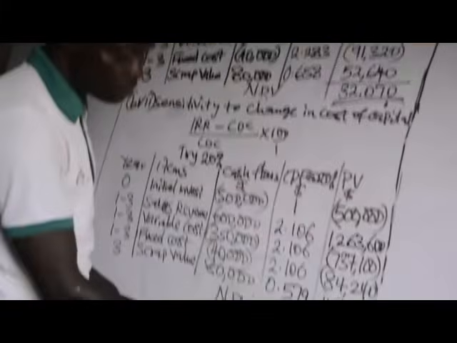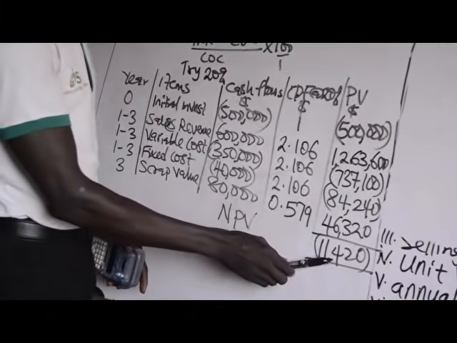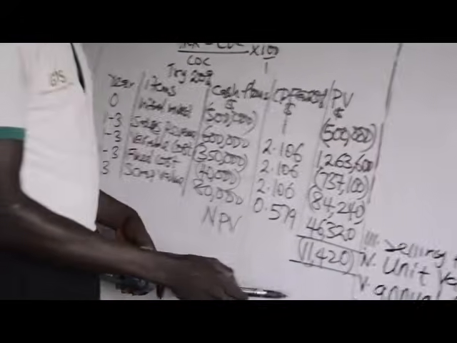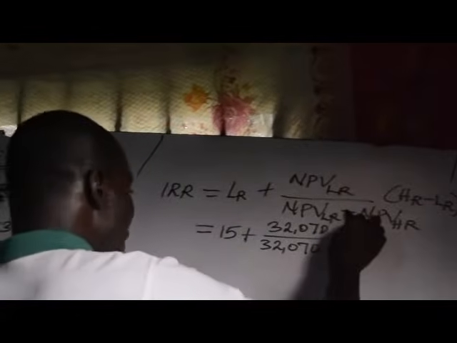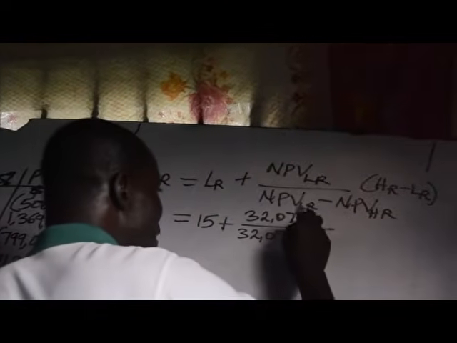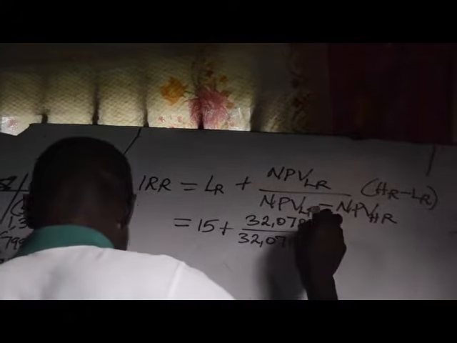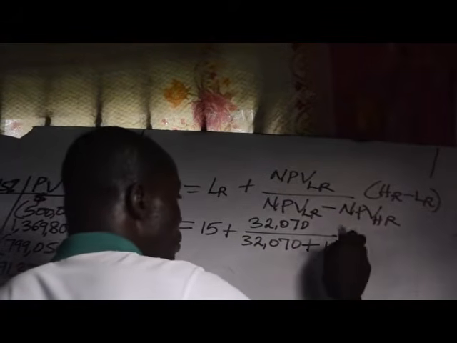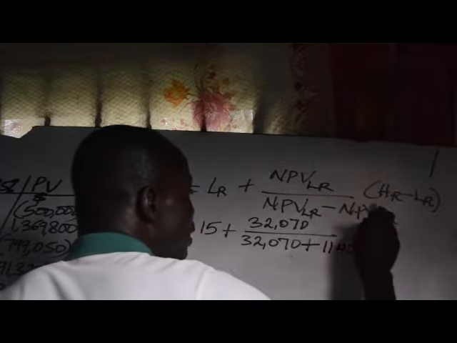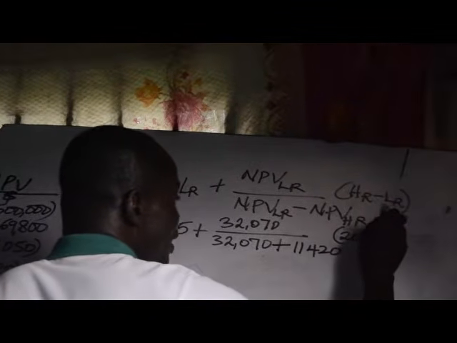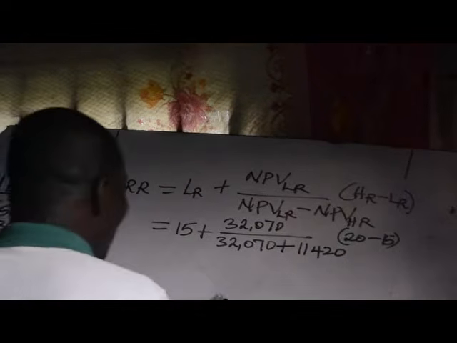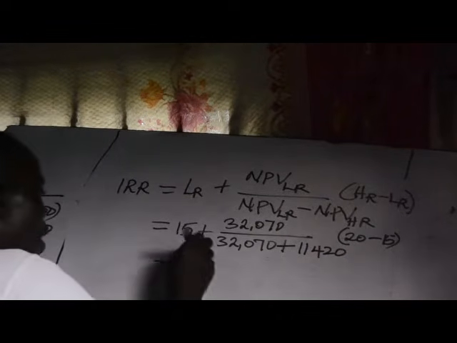The net present value at higher rate is negative 11,420, and the rate we used is 20%, which is the higher rate. Since that one is negative, the minus becomes plus 11,420, multiplied by higher rate 20% minus lower rate 15%.